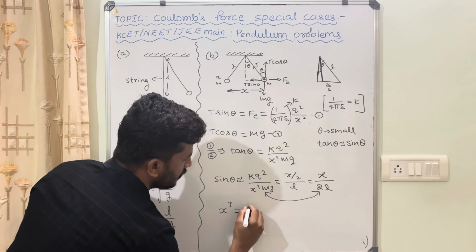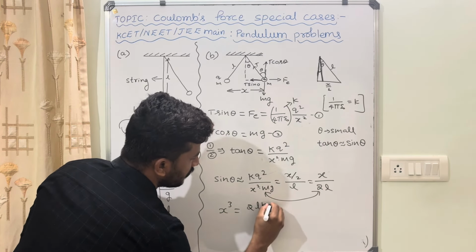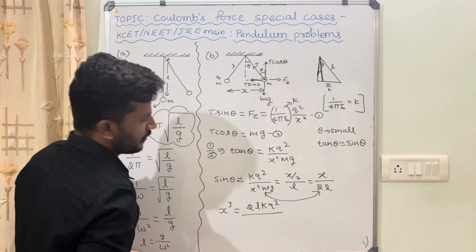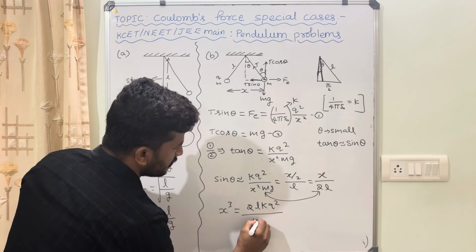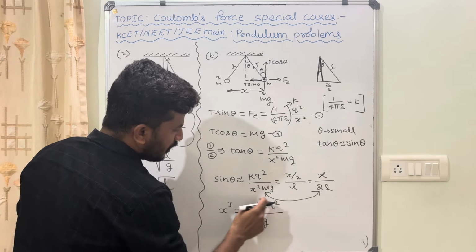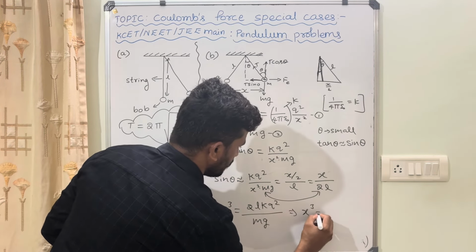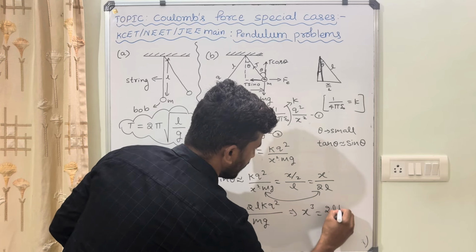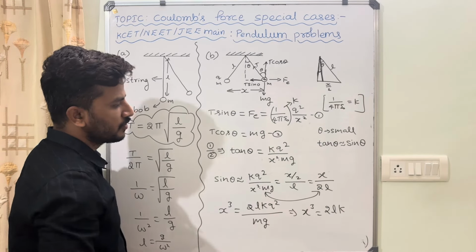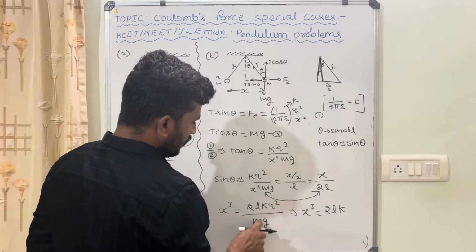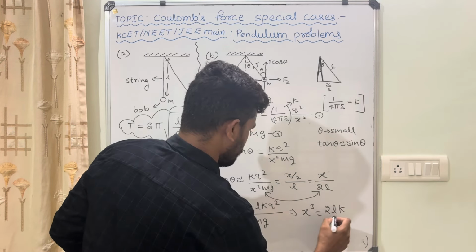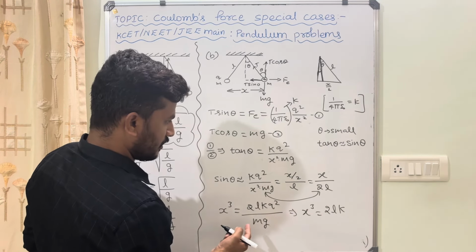I will multiply this side, 2l k q square divided by mg. Mg is there. So if you want to substitute the value of k, you can substitute.